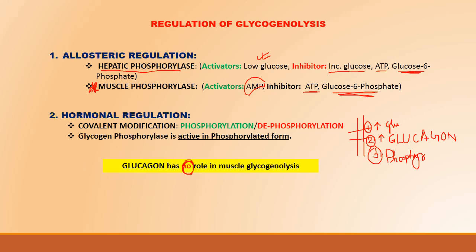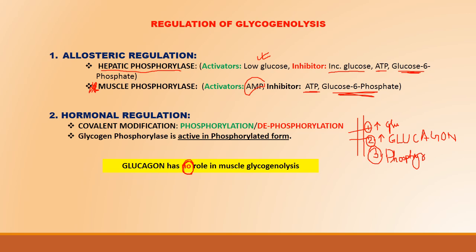So what are the cardinal points that we have studied regarding the regulation of glycogenolysis? First point is hormonal regulation. It is done by covalent modification. What are the cardinal features of covalent modification? Phosphorylation and dephosphorylation. How do phosphorylation and dephosphorylation occur?